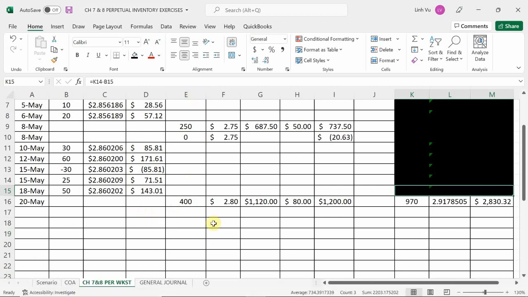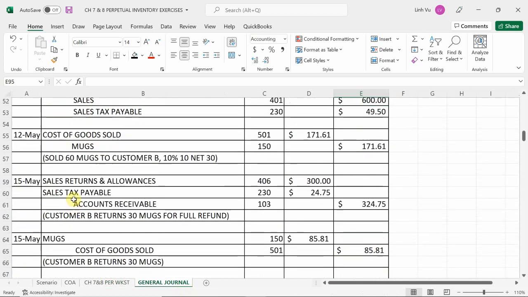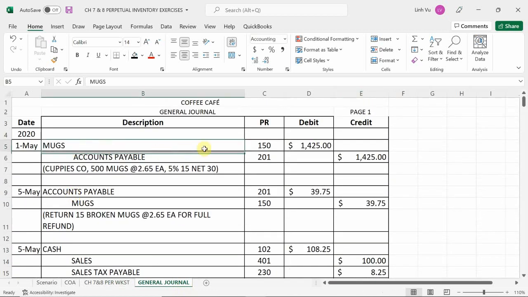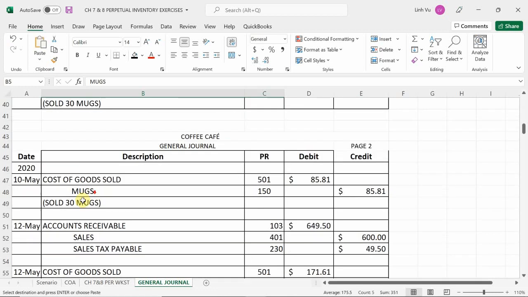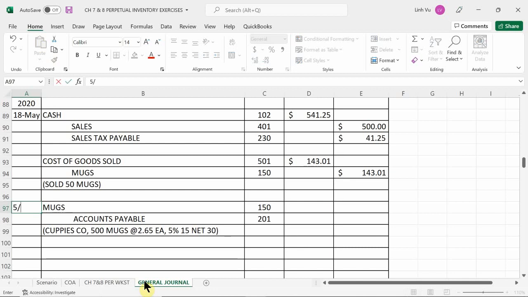All right, so now we purchased the 400 units at $2.80 with a freight of 80, giving me a total of $1,200. I'm going to copy this journal here because it's going to be the same. We're going to increase our inventory while increasing our accounts payable on May 20th.